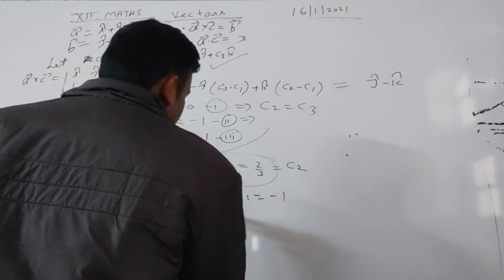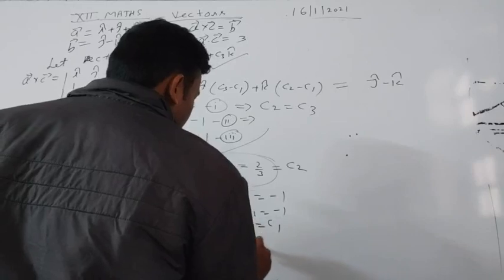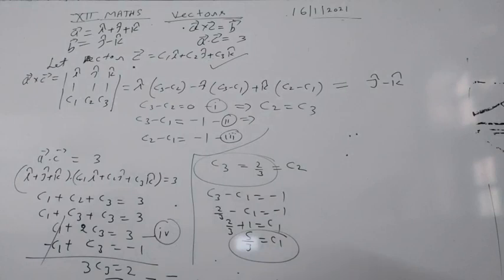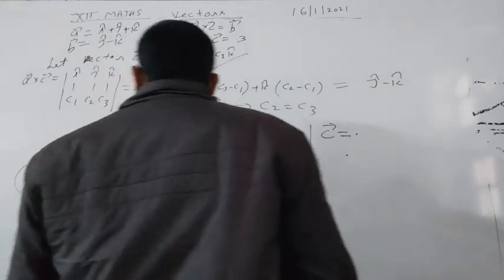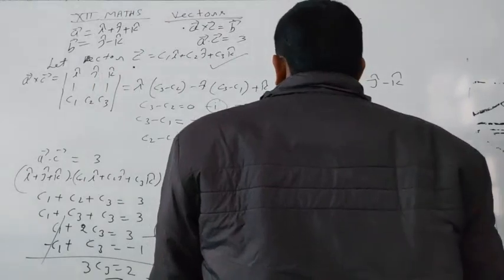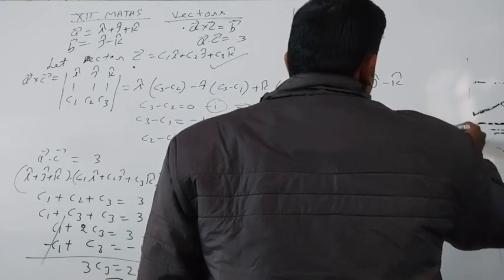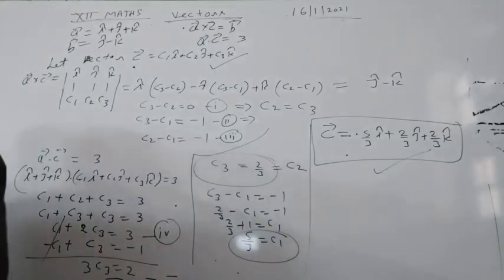When we put 2 by 3, our C1 will be 2 by 3 plus 1, and 5 by 3 is equal to C1. Okay, student. So we have found out our C1, C2, C3, and C2 is 2 by 3, and our C1 is 5 by 3. So the required vector C is 5 by 3 I, and 2 by 3 J, and 2 by 3 K. Okay, student. So this is our required result.